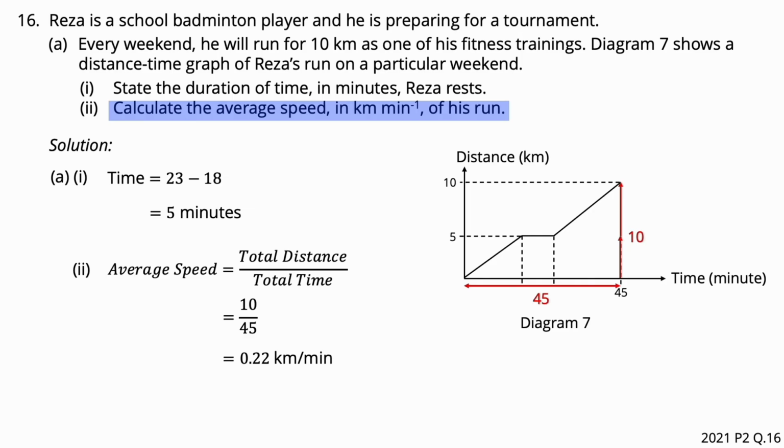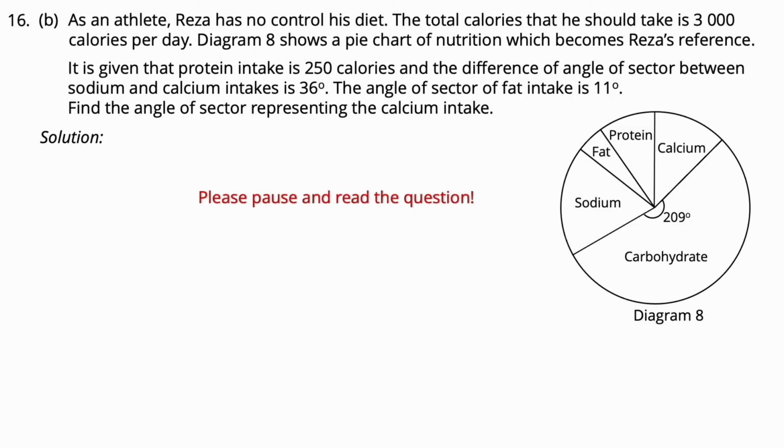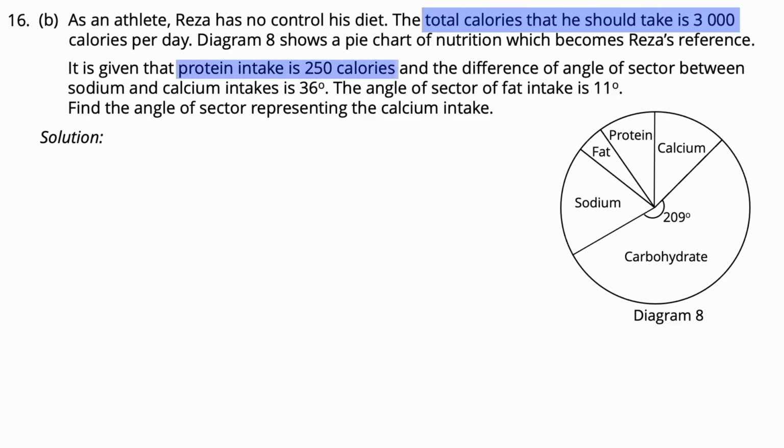Question 16B. Please pause and read the question. The total calories that Reza should take is 3000 calories per day. He takes 250 calories of protein per day. The angle of sector of protein equals 250 over 3000 times 360 equals 30 degrees.